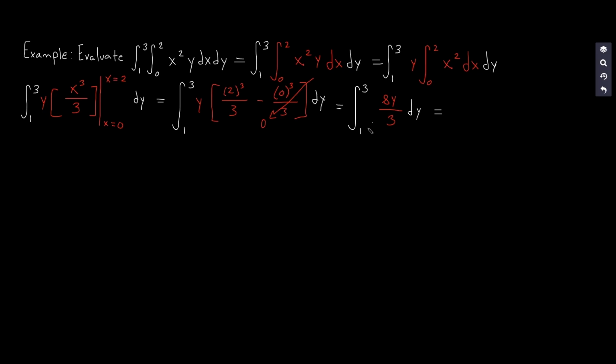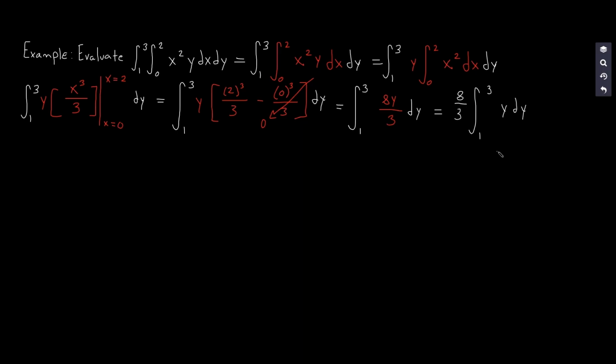So now with this, I can evaluate this integral. I know how to do that. So what I'm going to do is factor out the constant, factor out 8 over 3, and multiply that times the integral from 1 to 3 of y, integration with respect to y.